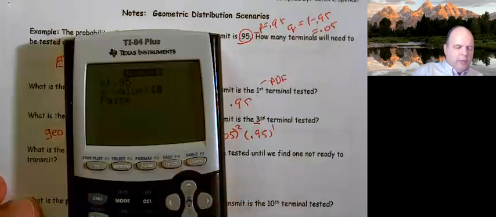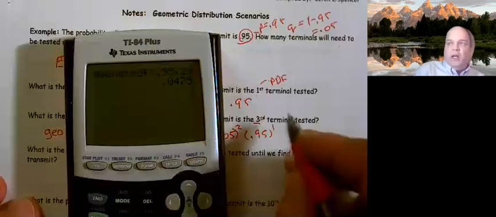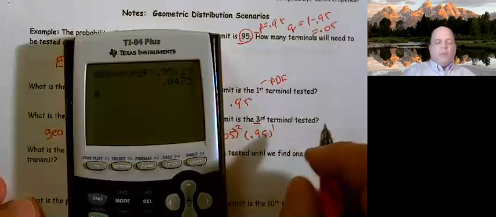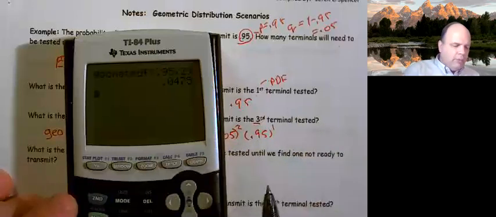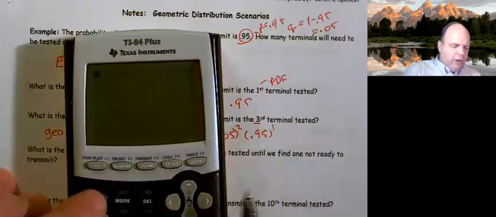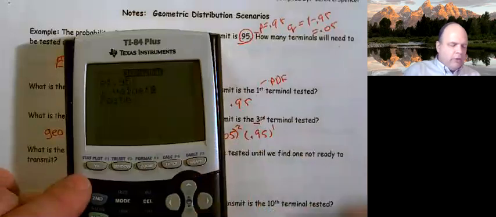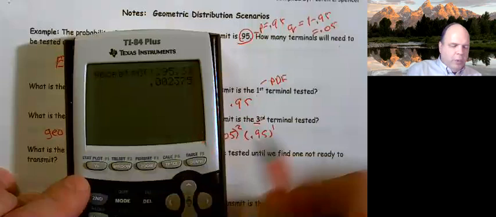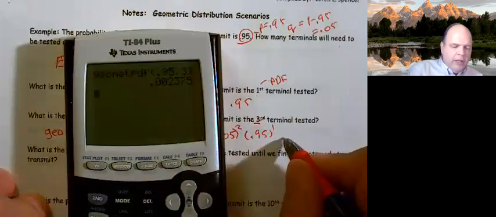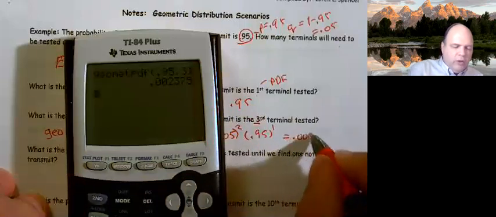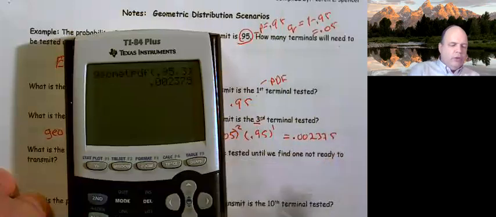My x value happens to be 3. Wow, I'm having a little trouble this morning. The success needed to occur on the third one is 0.002375.